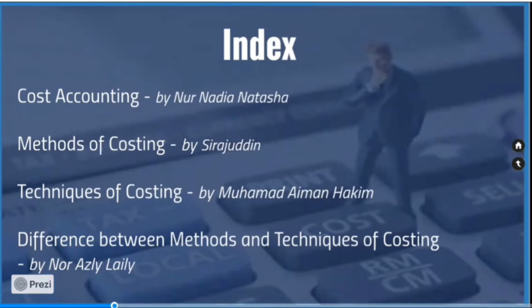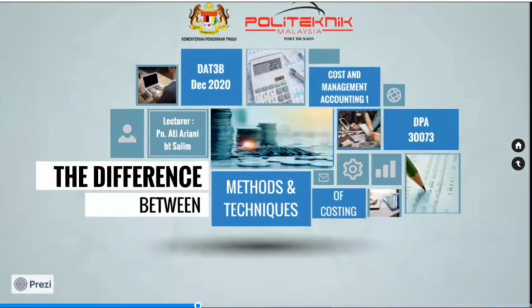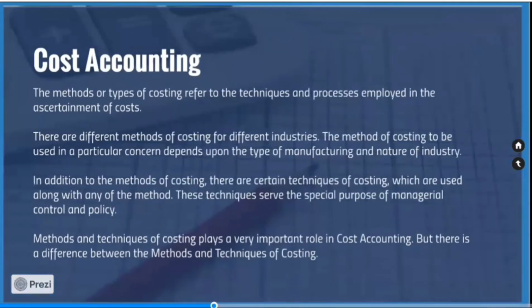So we move to the next slide. I will start first and explain cost accounting. Cost accounting is the methods or types of costing that refer to the technique and process employed in the ascertainment of costs. There are different methods of costing for different industries.